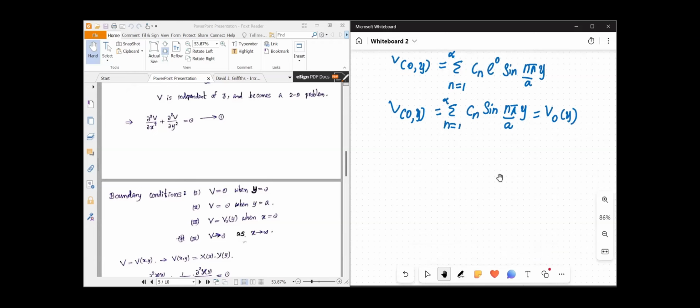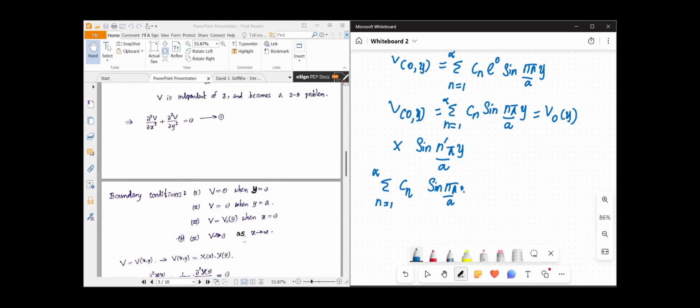Now with this, we can try to calculate the values for Cn. To do that, we multiply both sides by sine n prime π y over a. So here we get the sum from n equals 1 to infinity of Cn sine nπ/a y times sine n prime π y over a.